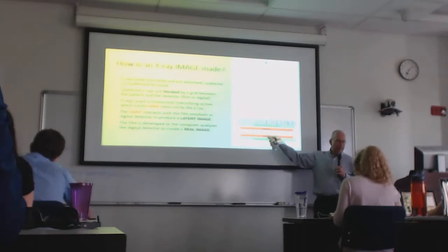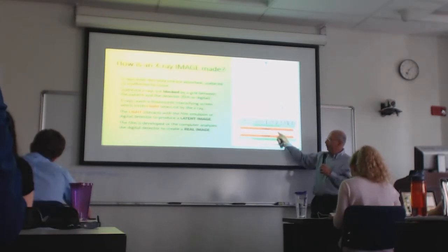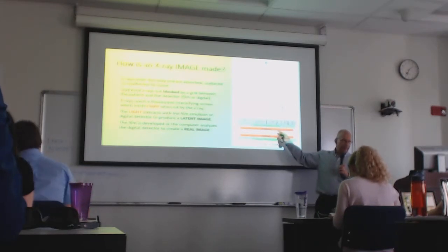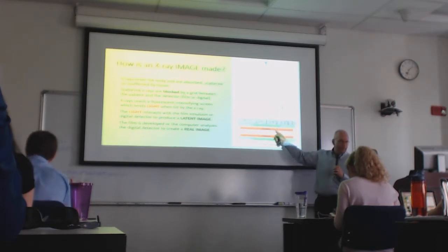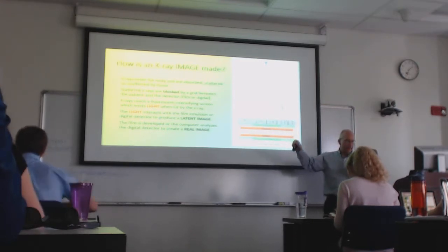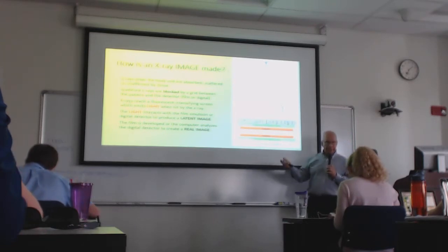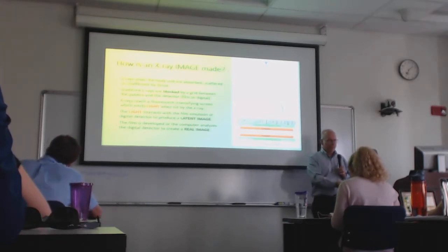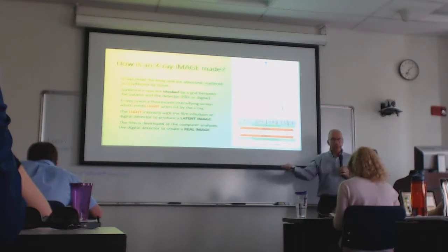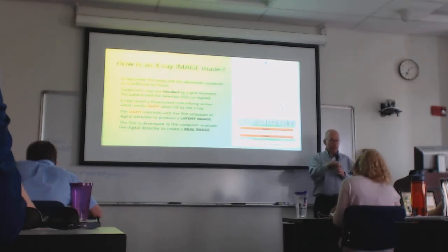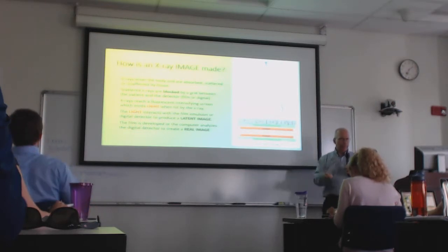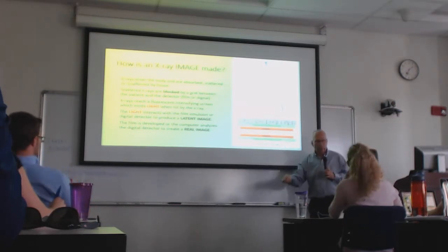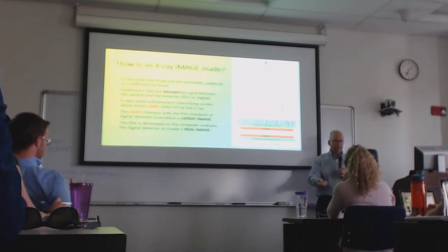And that X-ray film, or if it's a digital detector, there's a latent image that is now created on the film or on the digital detector. And so then in the old days, you would take that film, you would run it through a chemical processor, just like, you guys probably remember, film in a camera. You would take film to Walgreens, and they would turn it into a picture for you.